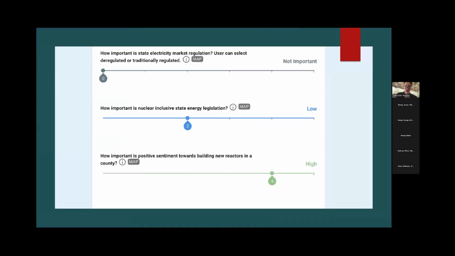The first section, if you're going in through discovery, is a set of about 19 different questions that you're asked. For each of these questions, you decide how important that is to you, from not at all important to high. The little I box next to the map icon, if you open that, will give you a description of the underlying data, why it is relevant to siting, the date of last update, and the underlying data source.